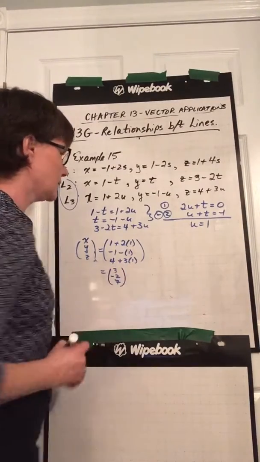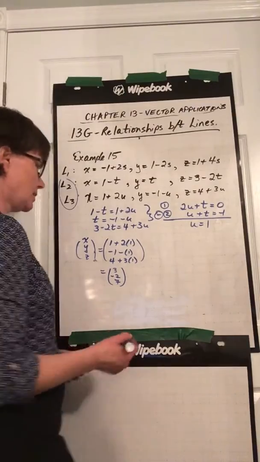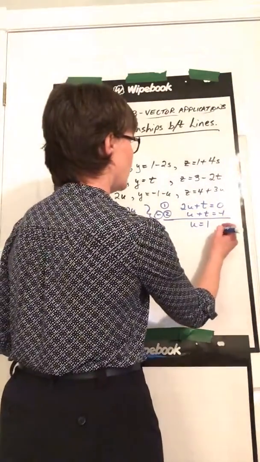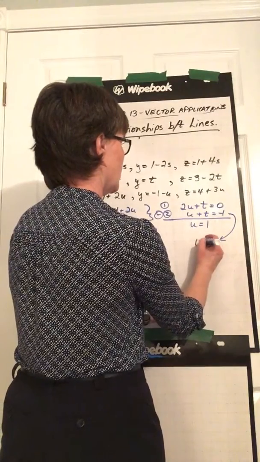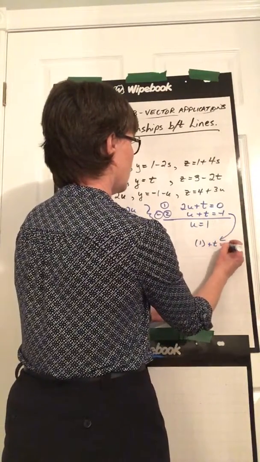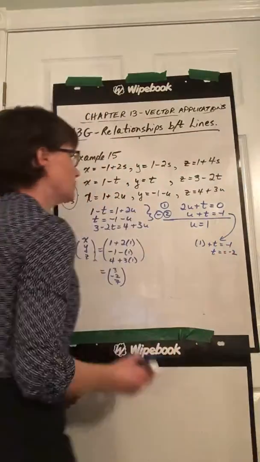3 minus 2, 7. Okay, let's check our answer. We have time. Let's check. Solve for t. So I'm going to take this and substitute 1 in for u. Solve for t. t equals -2.